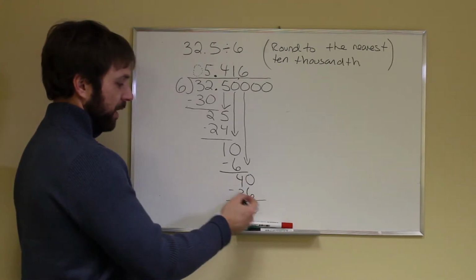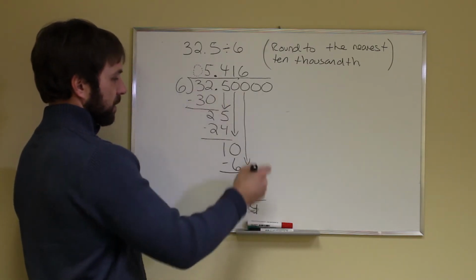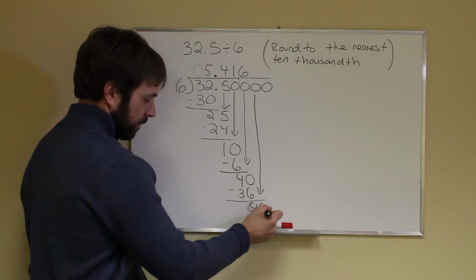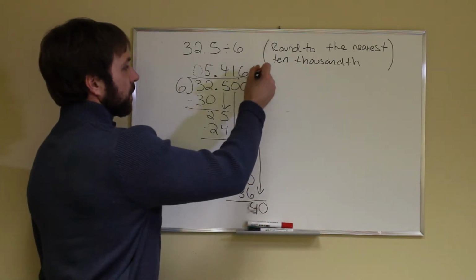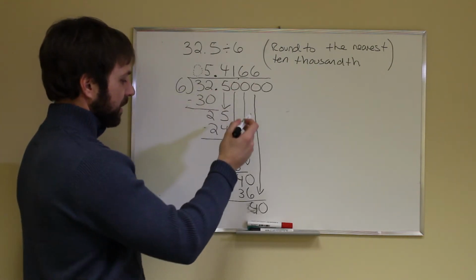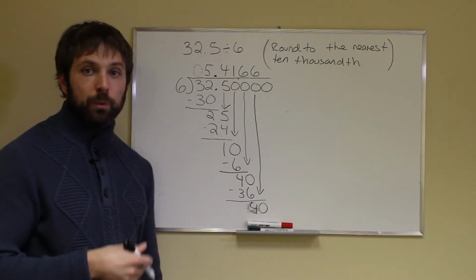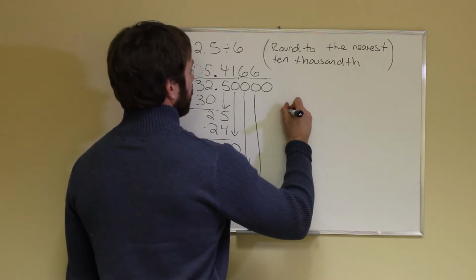So 40 minus 36 is equal to 4. 6 doesn't go into 4, so I need to bring down another 0. 6 goes into 40 6 times evenly. 6 times 6 is 36, and I can see how this process is just going to keep repeating itself.